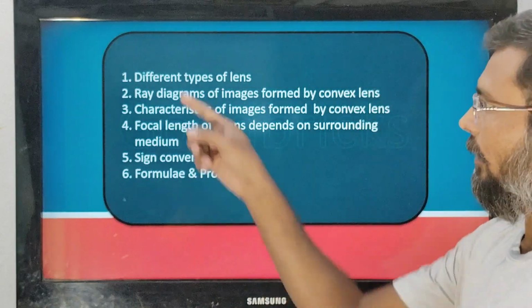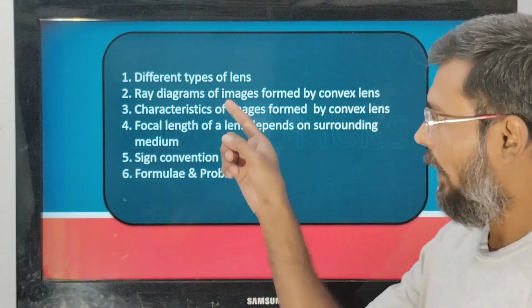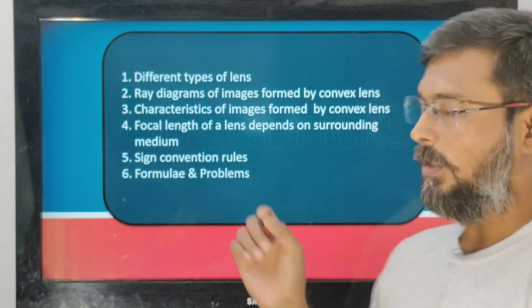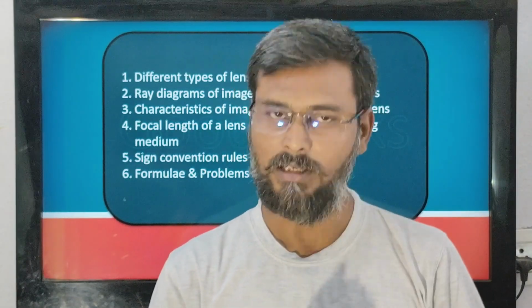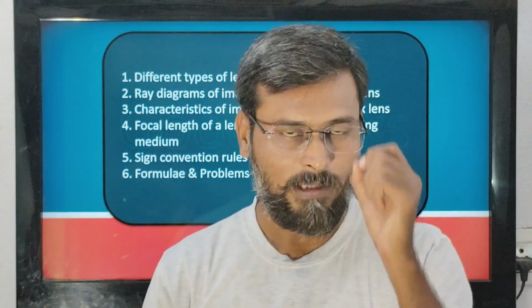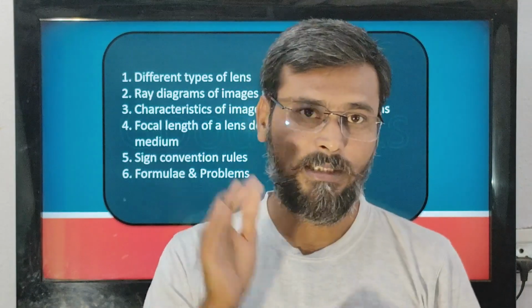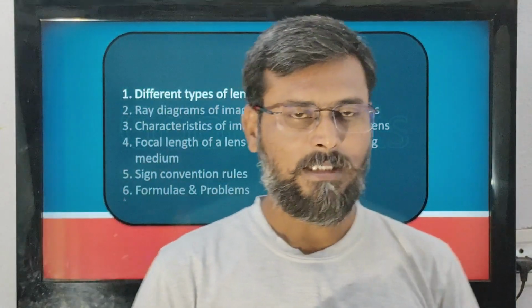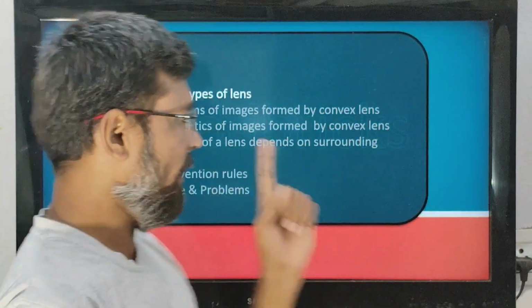What are they? Different types of lens, ray diagrams, characteristics of images, and focal length of a lens depends on surrounding medium. Then sign convention rules and important formulas, and based on them we are going to solve some problems. So let's start our discussion with our first topic, that is different types of lens.